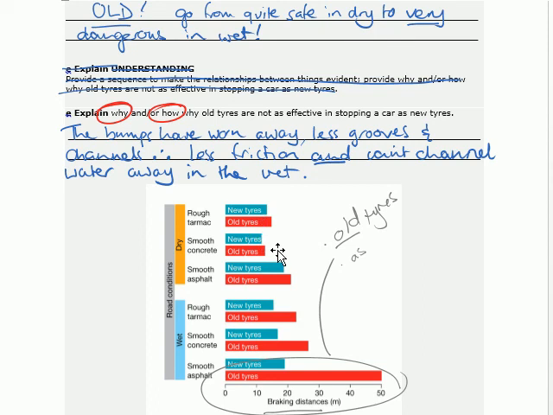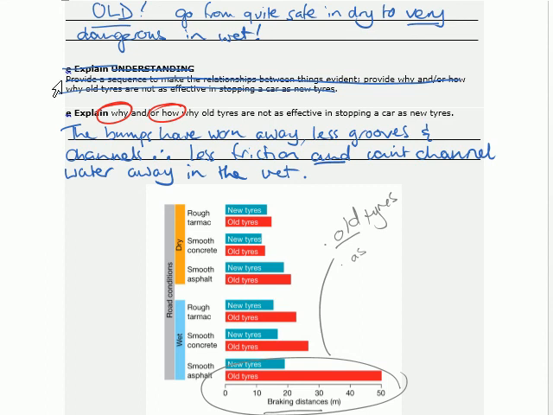Now the new tyres, it really doesn't change very much, so it's obviously not new. Old tyres, you've got old tyres on smooth concrete in the dry, quite small, and up here on smooth asphalt in the wet, it's huge. So that's definitely the biggest difference.